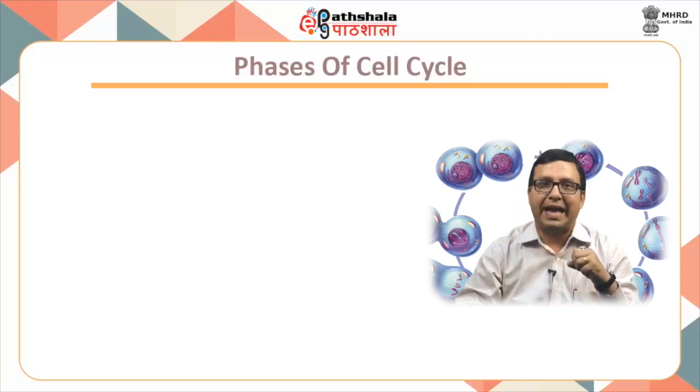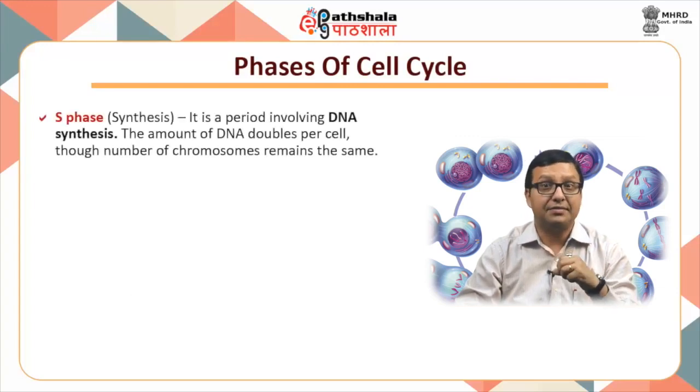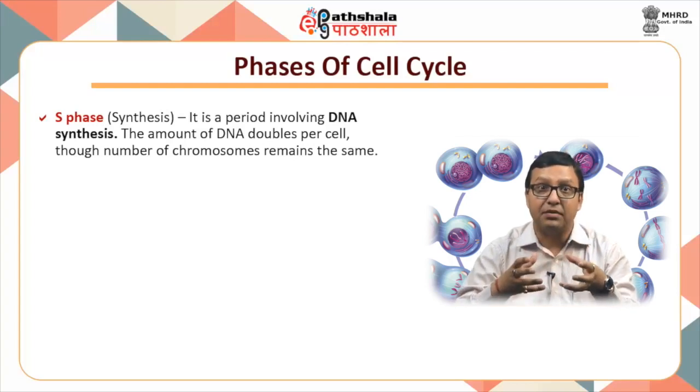After the preparatory gap phase 1, the cell enters another phase that is known as the S phase. During this phase, the parent cell replicates its DNA. An important point to keep in mind is that only the amount of DNA doubles per cell, but the number of chromosomes remains the same.